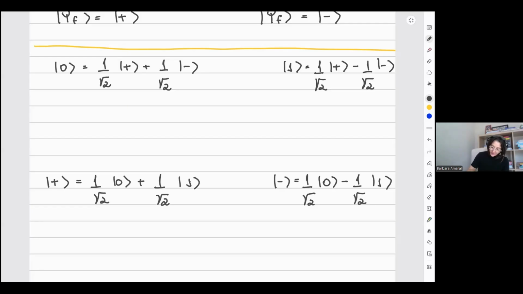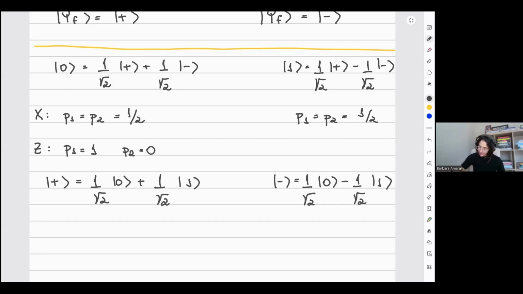So if I apply the measurement x to 0, I have P1 equal to P2 equal to 1/2. And here the same. And if I have measurement z in this state, I have P1 equal to 1, P2 equal to 0, and here the opposite.